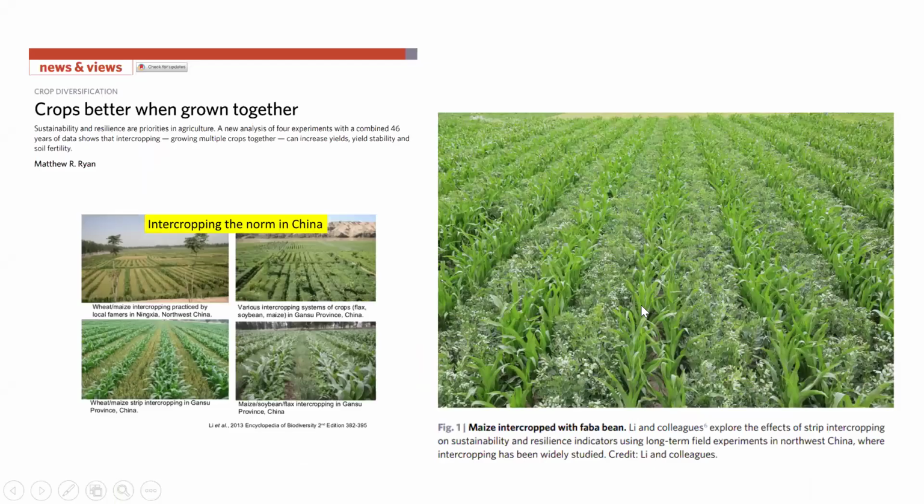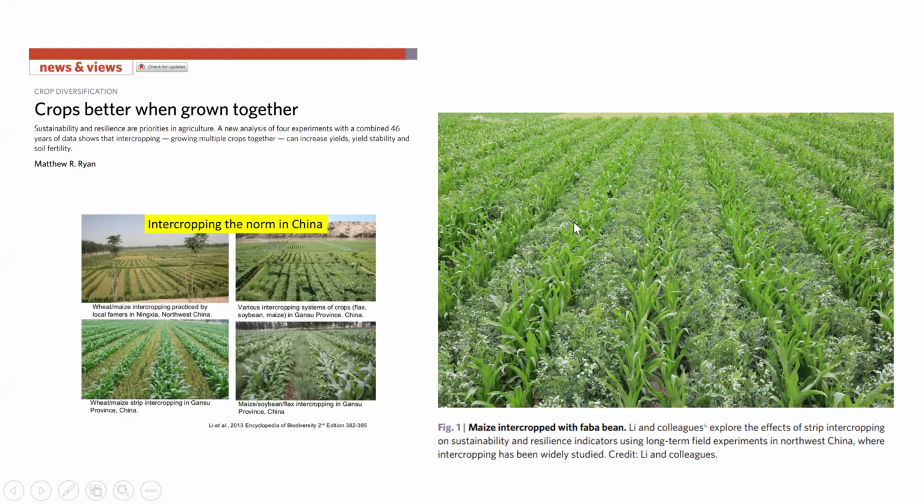An example of that is these types of intercrops, especially at this stage of development, when the maize is not tall. We can see the faba bean growing between the maize would receive similar light quality even later in the day than the maize.